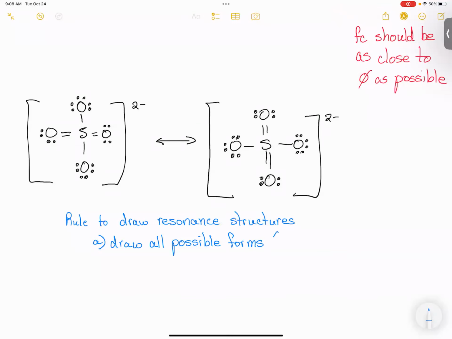And it will always be done by the manipulation of where the double bond or the multiple bond is.